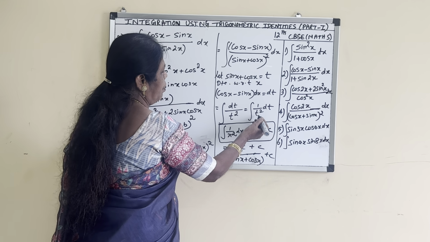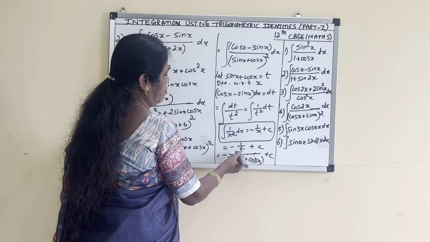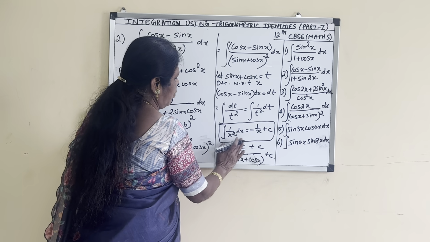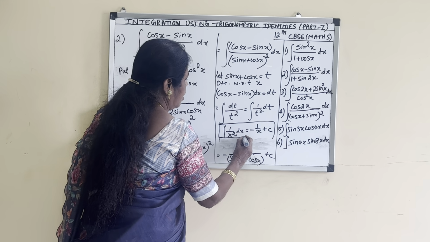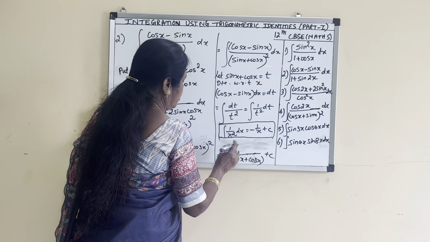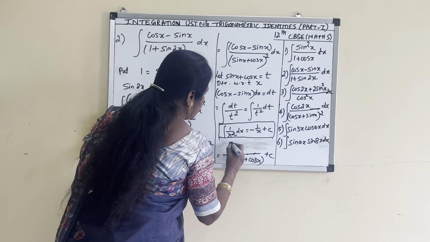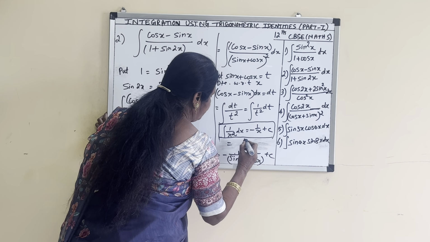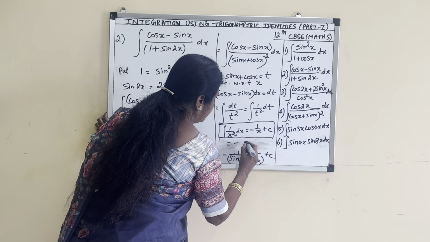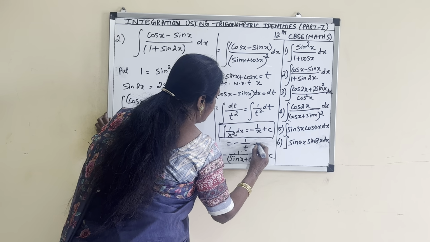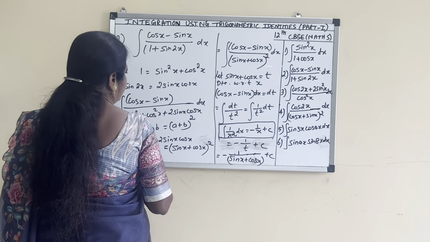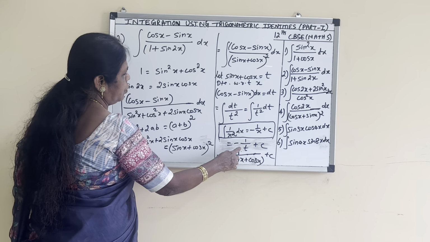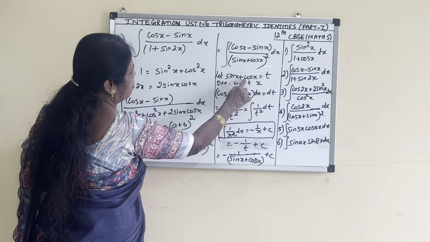So integration of 1 by t squared is minus 1 by t plus c. So substituting back in the place of t, sin x plus cos x.